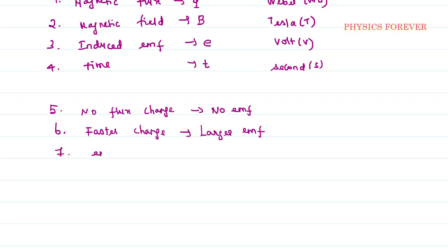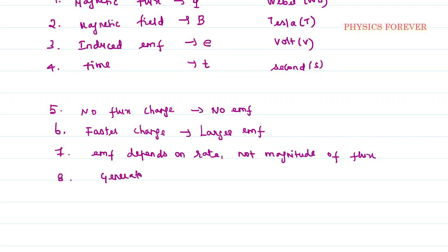Seventh point, EMF depends on rate only, not magnitude of flux. Then generator works on Faraday law plus Fleming rule. Okay, so these are all the points you have to remember. The last points, five to eight, are most important, as they depend upon assertion and reasoning.